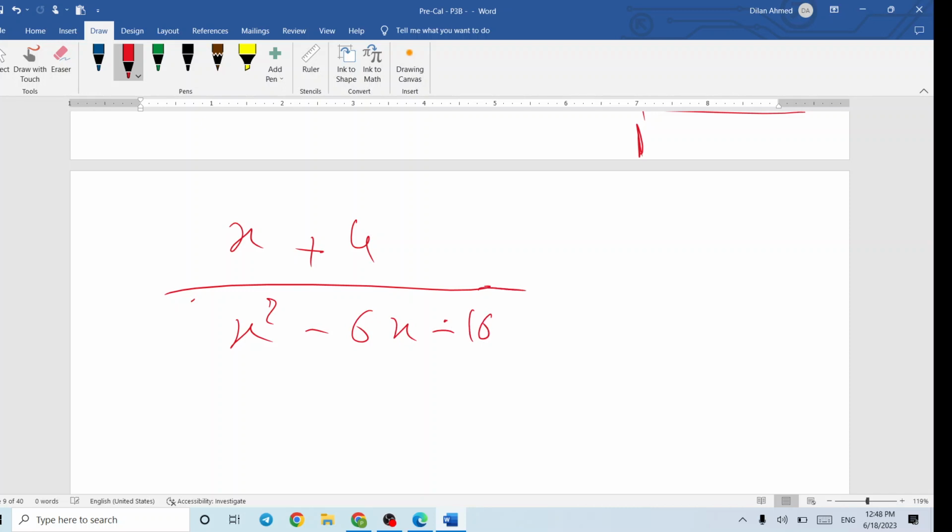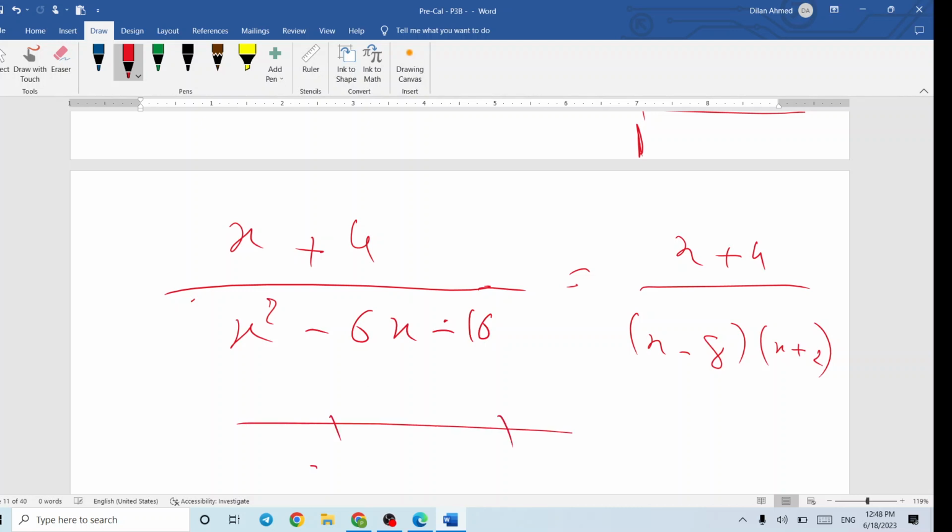Give me the domain of this rational expression. x plus 2 or minus 2. So, we are going to do our strategy. Make a factor, right? So I have x minus 8, x plus 2. Do you remember that example? So you see the domain is everything that is not minus 2 and 8.